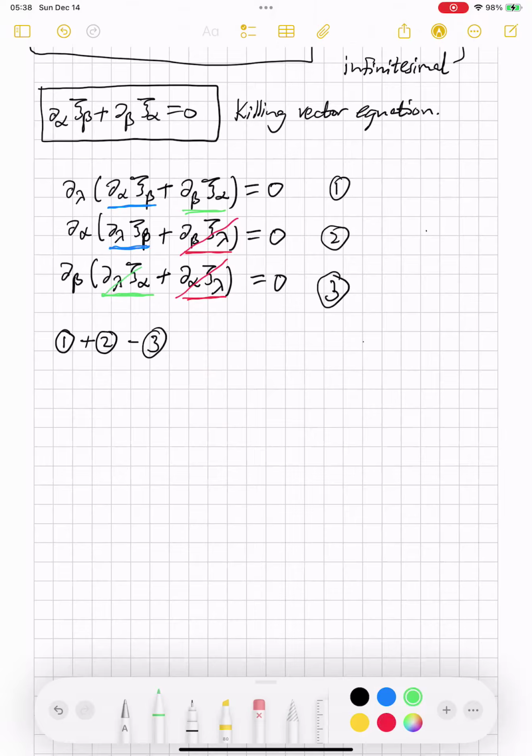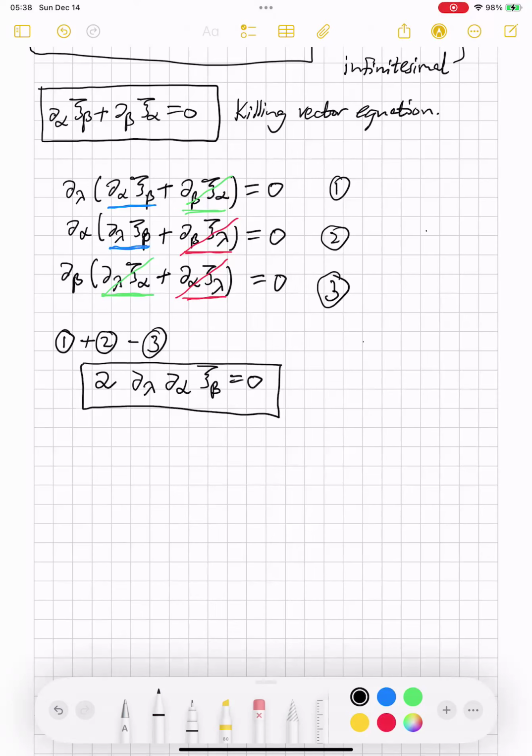This green term will cancel against that green term. You'll only be left with the blue terms, and the two blue terms are equal. So after adding them, you'll get a 2, you'll get ∂_λ ∂_α acting on ζ_β is equal to 0.